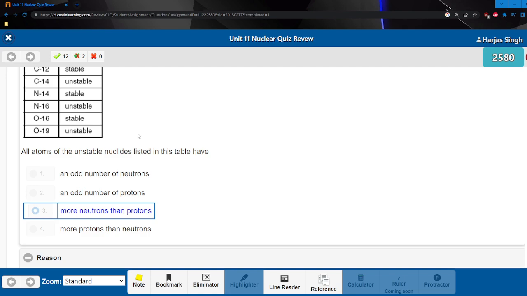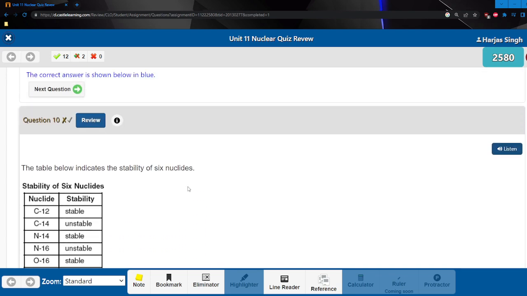You want to make sure they're equal to each other, right? So 8 plus 8, 16. But obviously your protons aren't going to change, or else it will become a different element, right? So your neutrons change, right? So you see 3 more neutrons, thus making it unstable. More neutrons than protons. There's your answer.